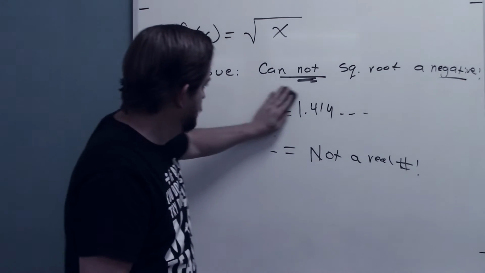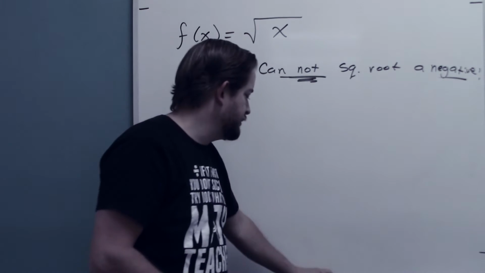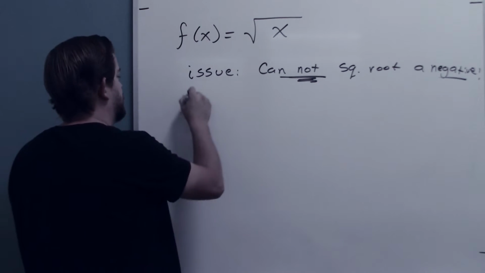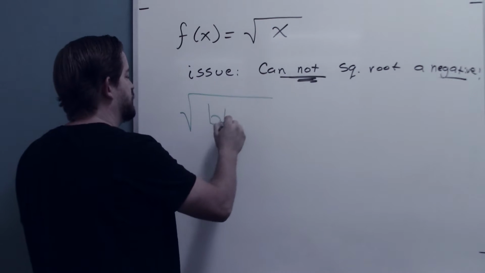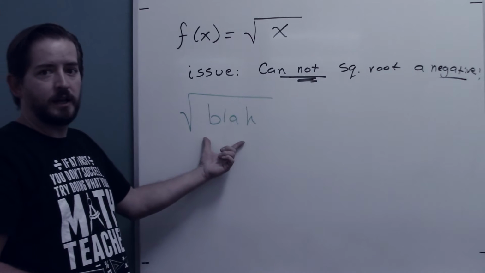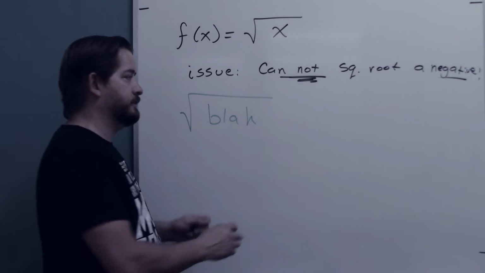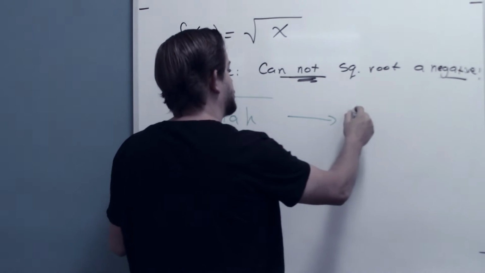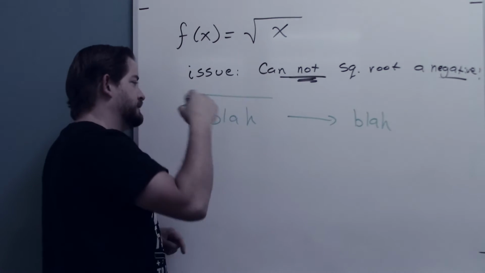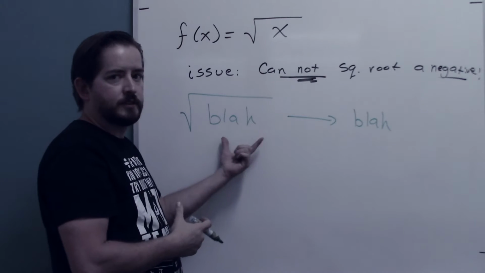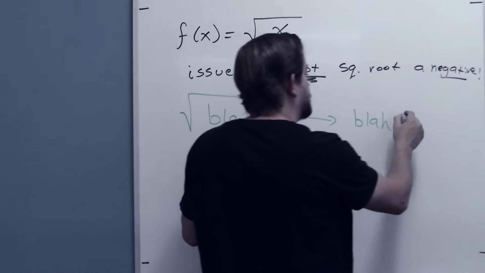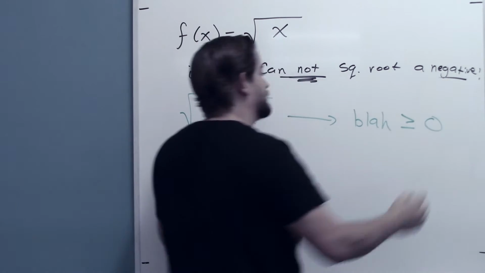So whatever is under the square root, whenever I have the square root of whatever's under here, let's just call it blah for now, the requirement is that this blah has to be greater than or equal to 0. Whatever that expression is, if it's just an x, a polynomial, or something bigger, it has to be greater than or equal to 0.